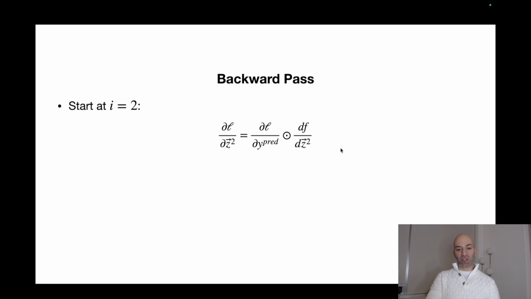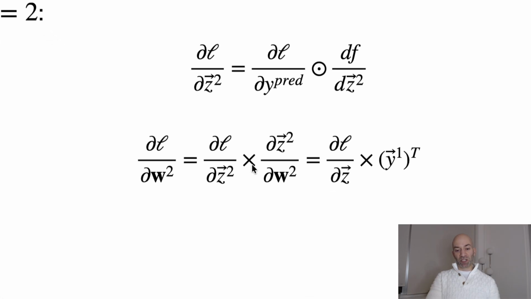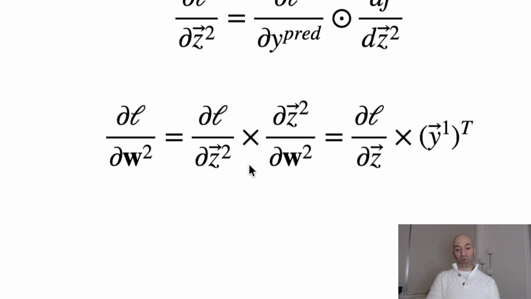So we have this expression for this derivative, and now we can compute the derivative of the loss with respect to the weights for the output layer. And again, the way we do this is with the chain rule. So we expand this out as being the derivative of the loss with respect to z2 times the derivative of z2 with respect to W2. This multiplication symbol here, the times symbol, is meant to represent matrix multiplication.